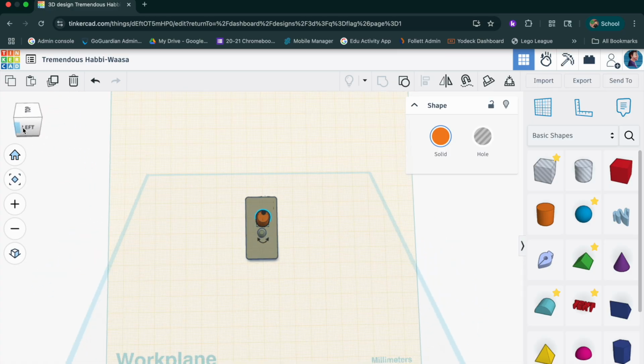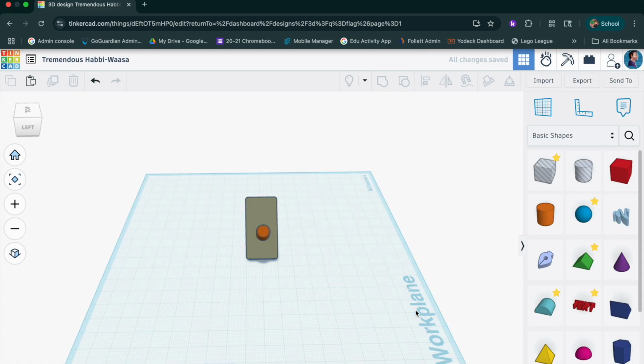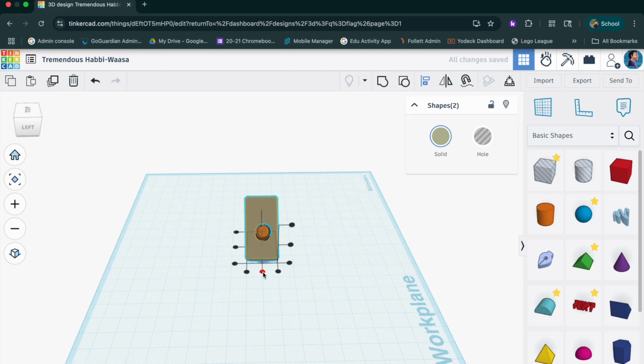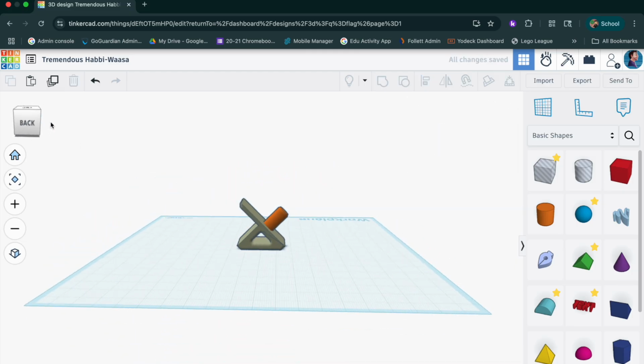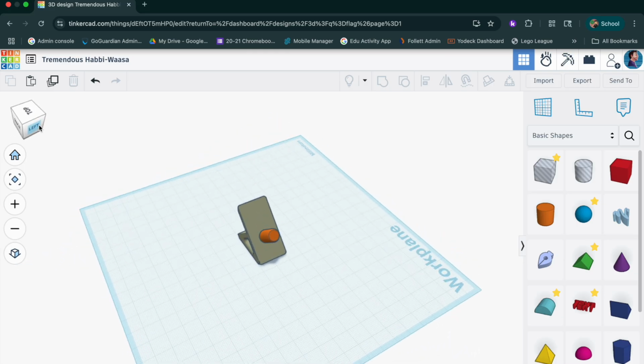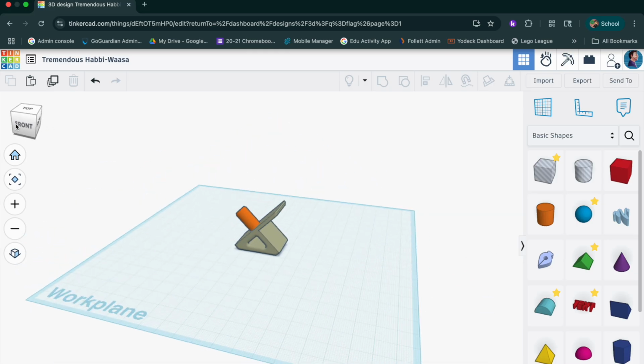And it pasted pretty well there. That's pretty much the center. All right, I can bring my build tray back down to the bottom and center it again. And that solves the problem.